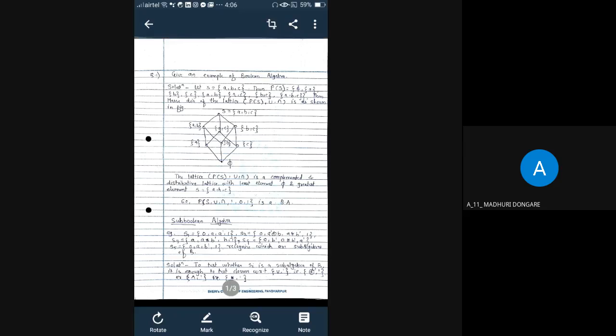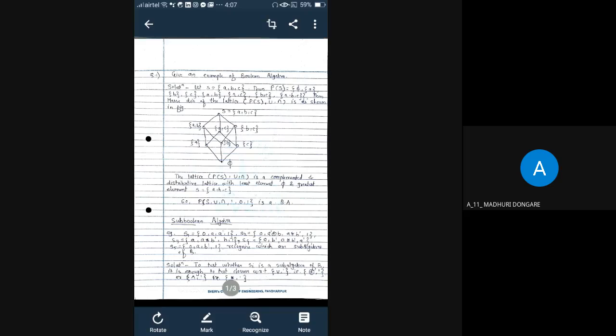Again, if you take the intersection of set A comma B and set B comma C, intersection means common elements. For these two sets A, B and B, C, set B is common. That element is also included in this diagram. That's why we can say that this lattice is closed under the operations union and intersection.